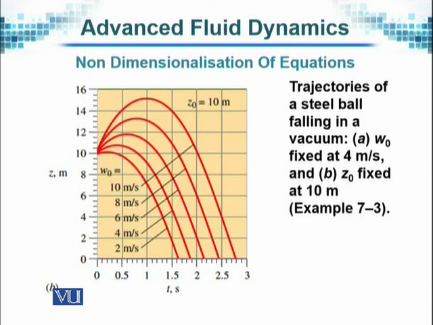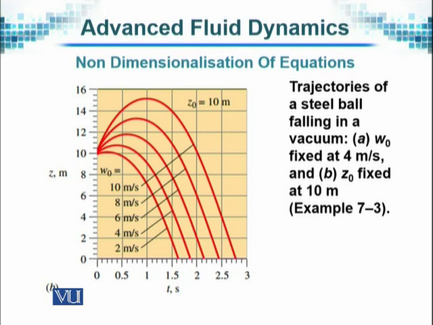And when Z0 is fixed at 10 meters, they keep changing the velocity to 2, 4, 6, 8 and 10 meters per second, with a different velocity scale.